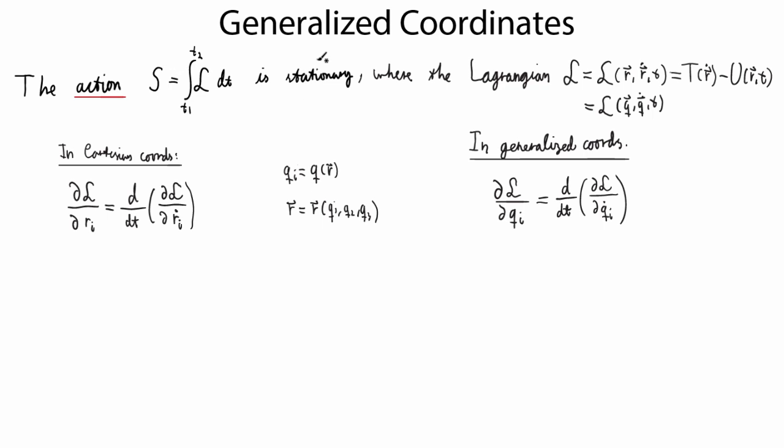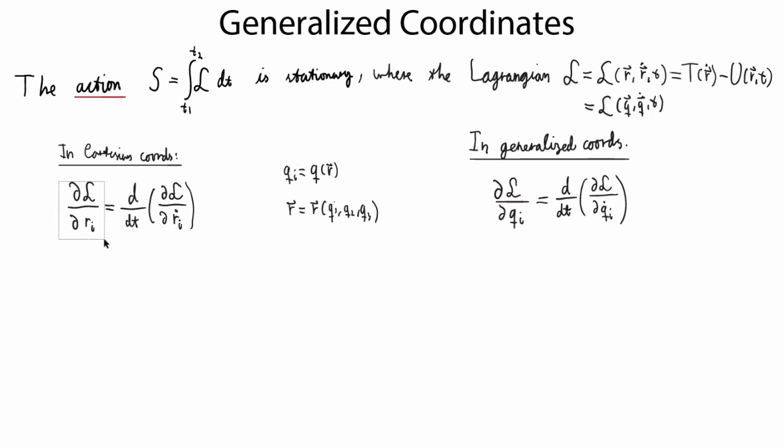It will still be stationary in the same way. And that means that the Euler-Lagrange equation, known here and henceforth as the Lagrange equation simply, will look like this for the generalized coordinates. In other words, it doesn't matter whether you use Cartesian coordinates or some other more generalized coordinates to describe your system. The Lagrange equations look the same.